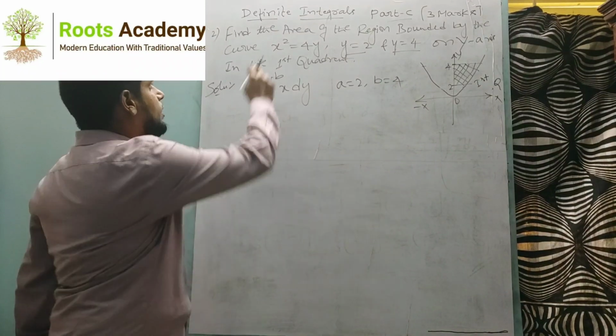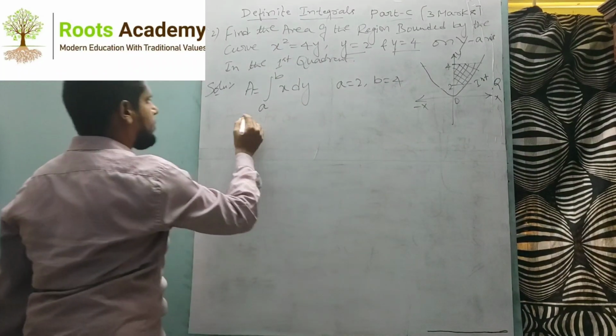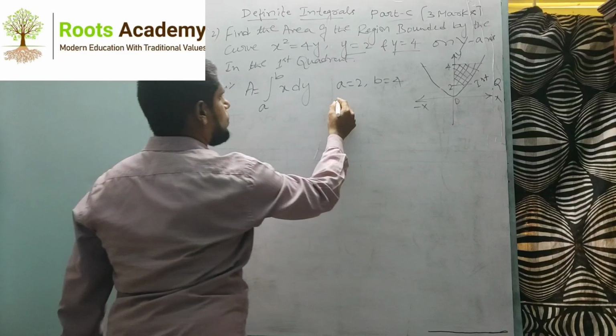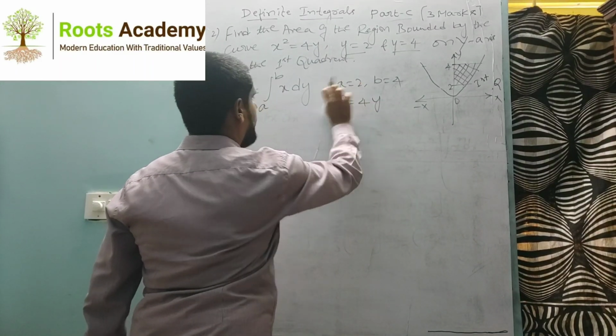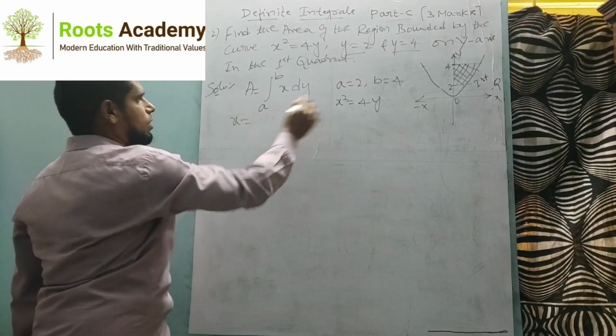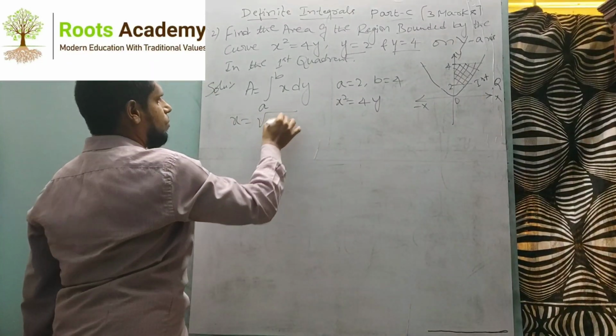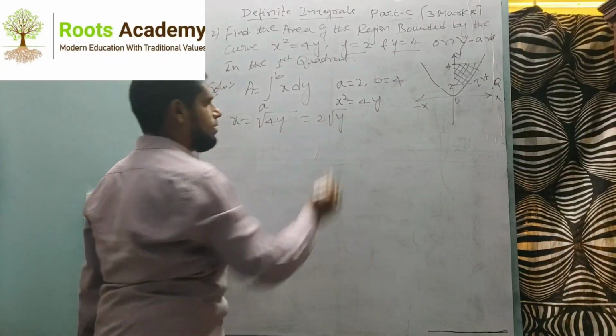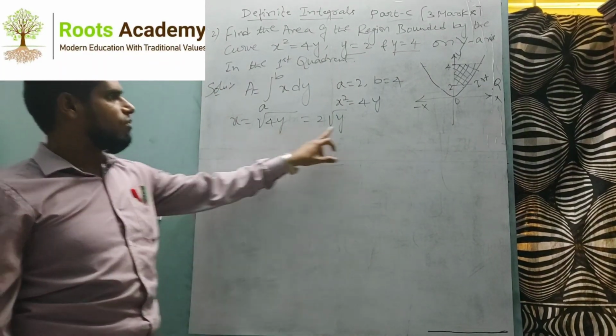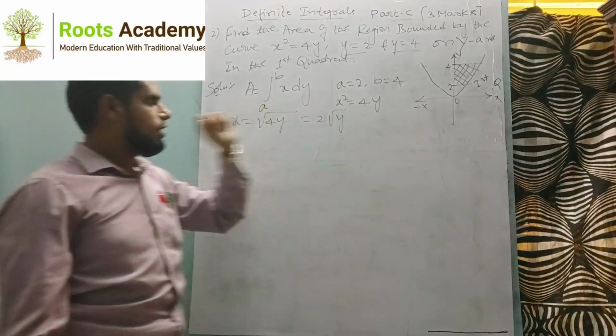Now x I want. Here I have x square. So x square equals 4y, then definitely my x is equal to the square root of 4y, root 4 is 2. Student, this is the value of x and these are the limits. Let me substitute.